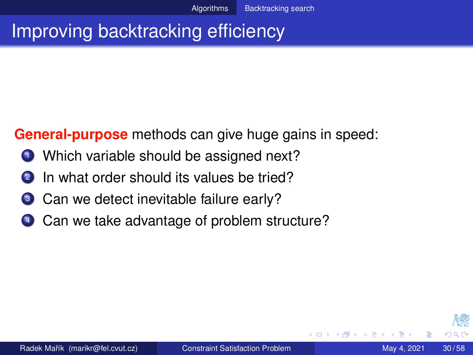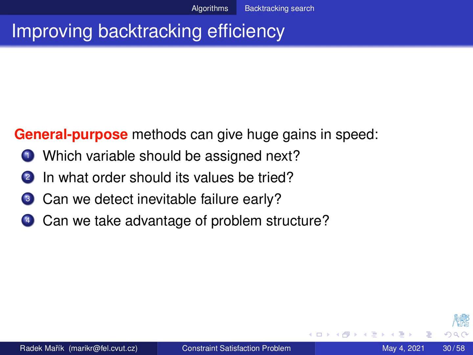Now, if we have such an approach, the backtracking search, we can gain speed many times with heuristics or improvements. First, we can ask which variable should be assigned next.